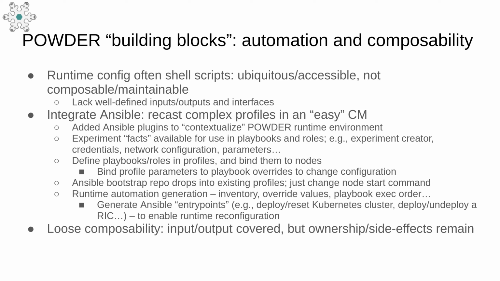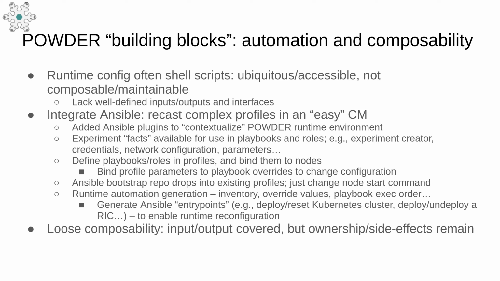And as I mentioned before, we try to generate these Ansible entry points so that major important playbooks can be remotely triggered, so that reconfiguration can happen on a broad and fast scale in a reproducible manner. So this provides some amount of composability.